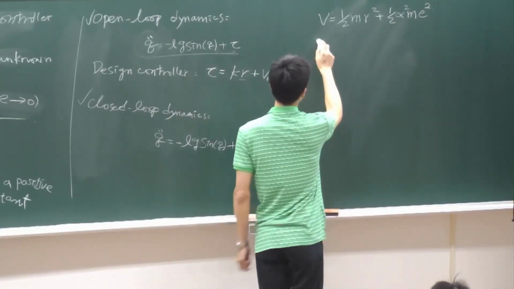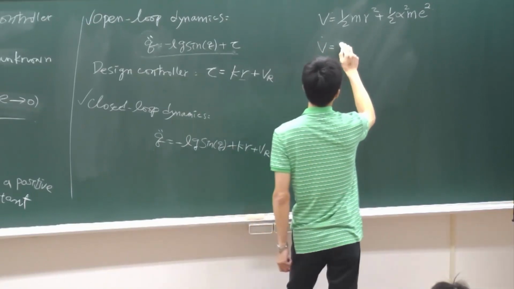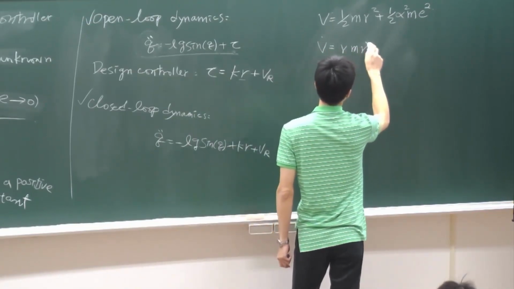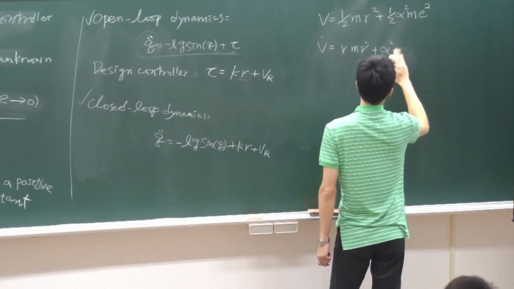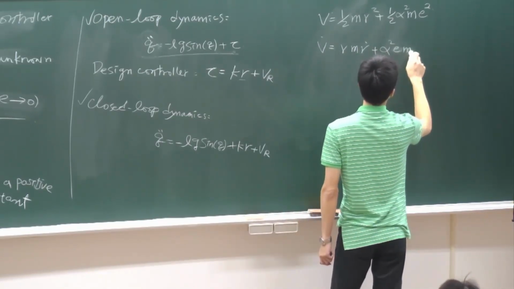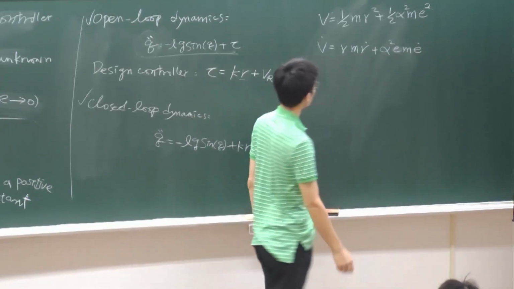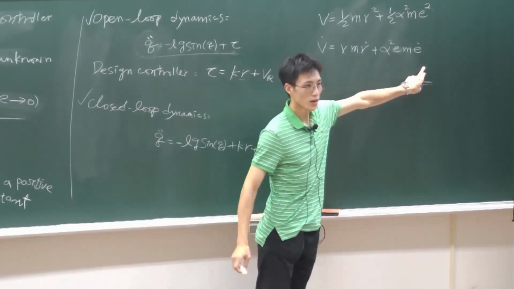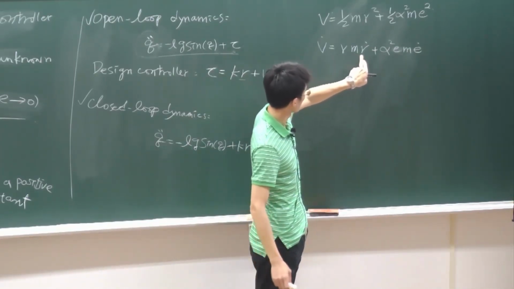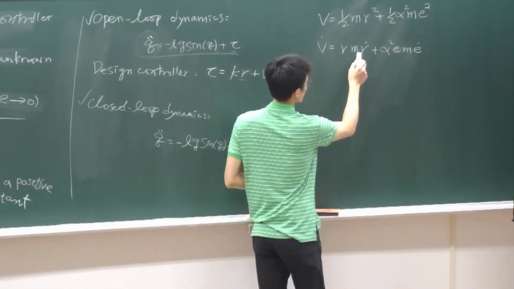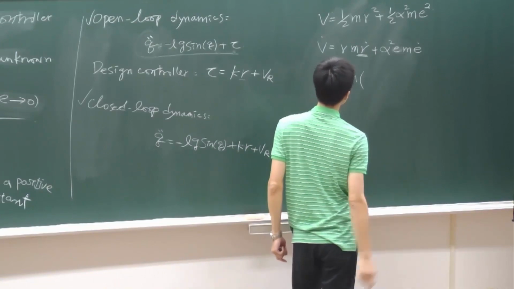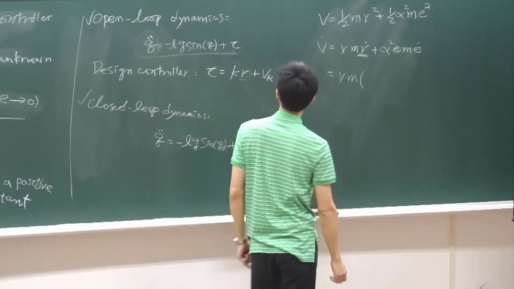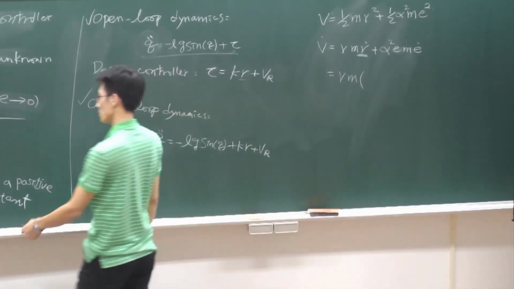And we take the time derivative, we got R M R dot plus alpha squared E M E dot. So we did not see Q double dot, right? But basically Q double dot is in here. So you need to expand this. What is R dot?